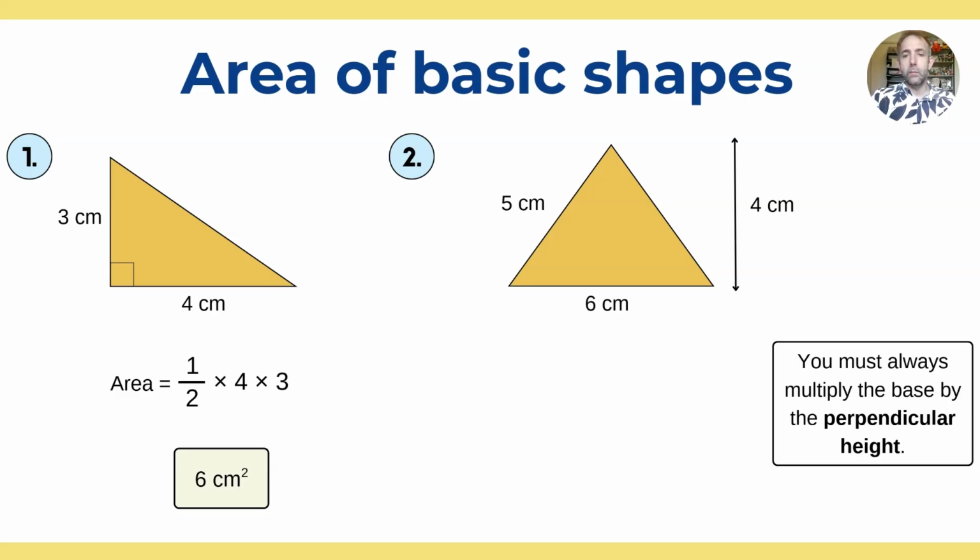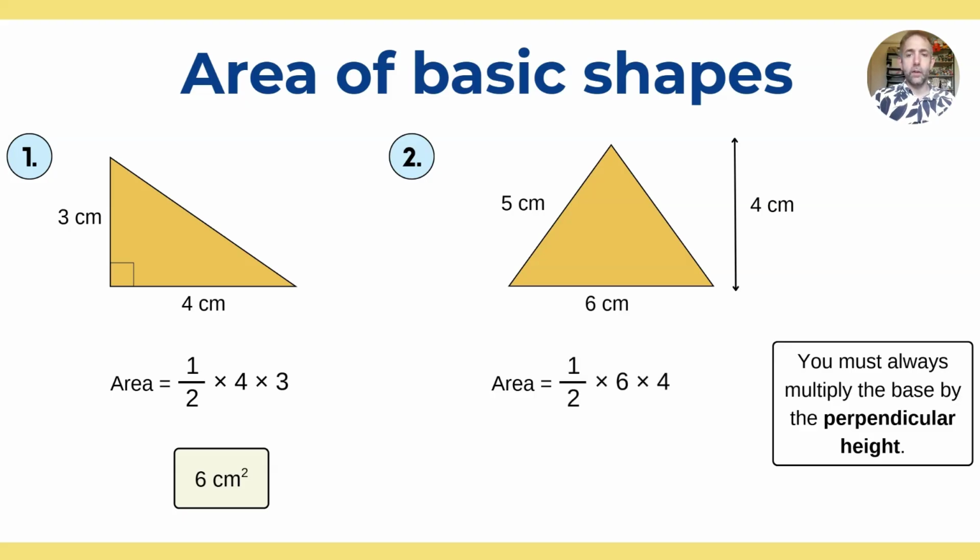This next one, you need to be a bit more careful, because it says here you must always use the perpendicular height. So perpendicular is a word I recommend you know. It's when it forms a right angle. So we want to use this height here, for this slanted height of 5 is actually no use when it comes to this calculation. So using the formula, we have to do a half times 6 times 4.